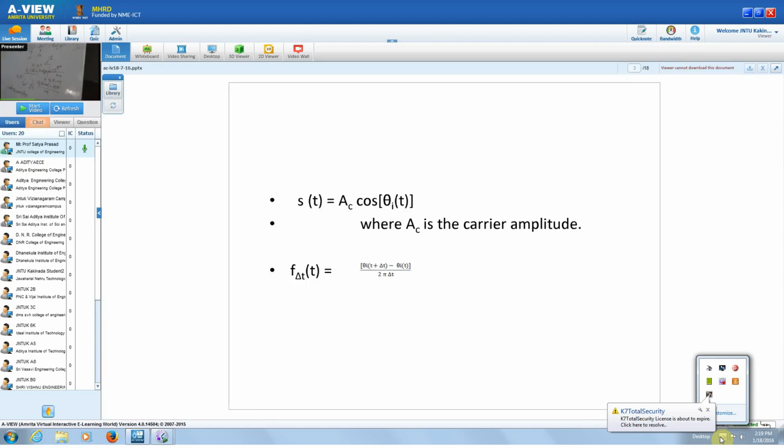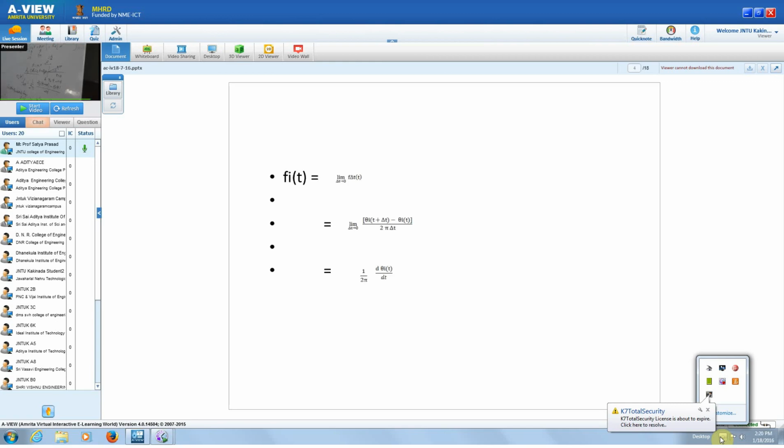What is instantaneous frequency at a particular time? What will happen if that be the case? This delta t should be tending to 0. So that means your f i of t is limit delta t tending to 0 of theta i of t plus delta t minus theta i of t by 2 pi delta t. So this is the value that I got, the instantaneous frequency of the varying signal.